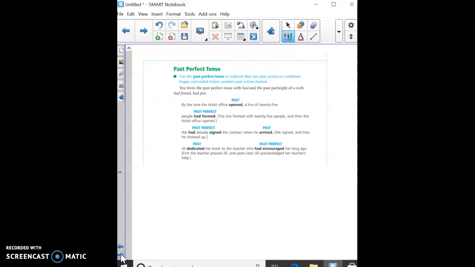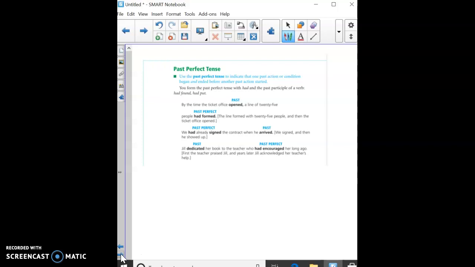Secondarily is the past perfect tense. We use the past perfect tense to indicate that one past action began and ended before another one began. So you're going to use had as your auxiliary verb that goes with the perfect tense.